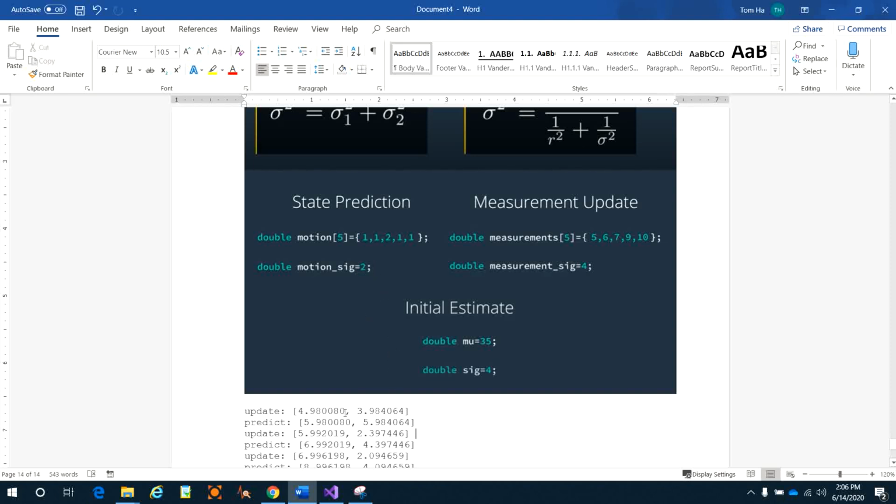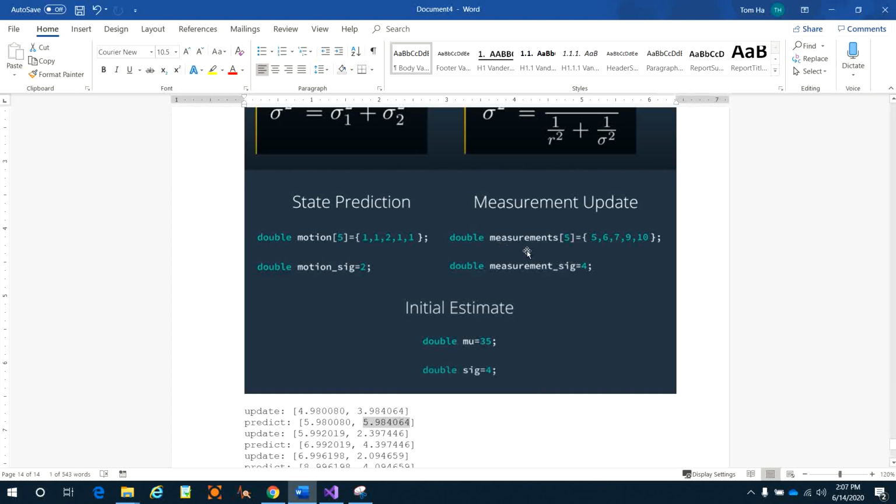So we use the formula and add them together. For example, 4.9 plus 1 is 5.98, and with the motion 2, you add 3.9, you get 5.9. So for the robot prediction, I got this location and the covariance for the next movement.